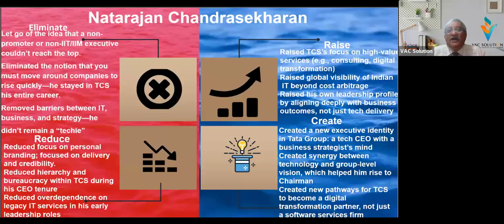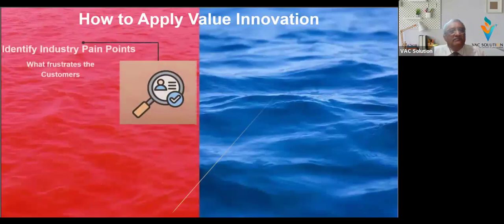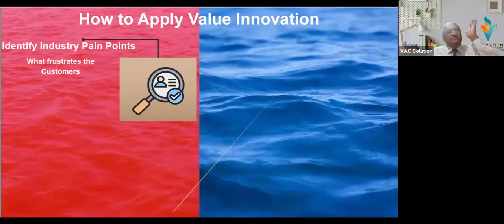Now, the question is, how do you apply value innovation? Let us take a simple way of applying it. Number 1, identify industry pain points. What frustrates the customer? There must be something which is frustrating the customer. If you are an employee, what is the pain?